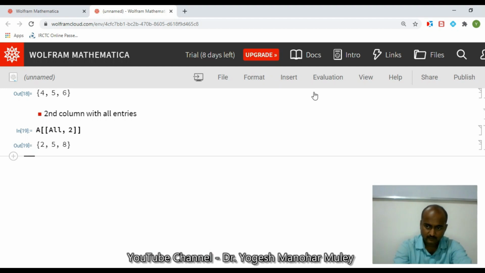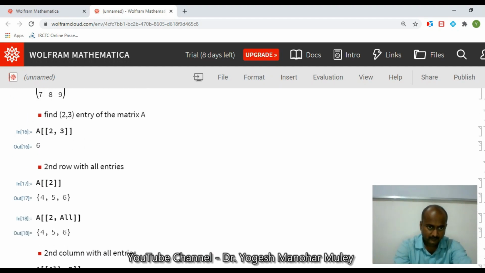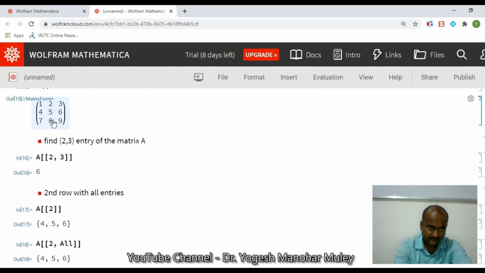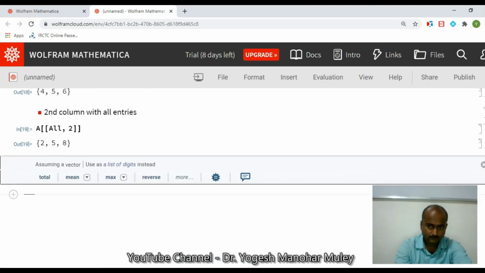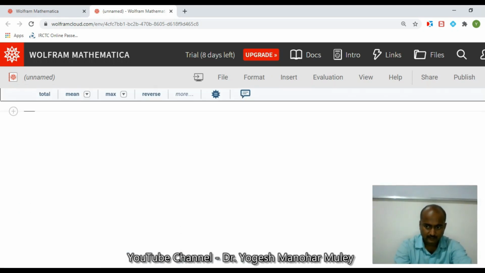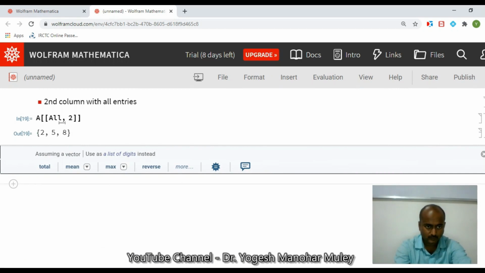This will give us 2, 5, 8. So this is the second column. For that we must have all rows and the second column. So with the help of this we can find it out.